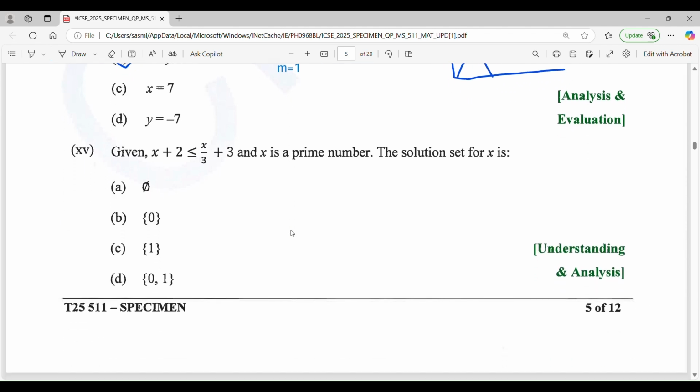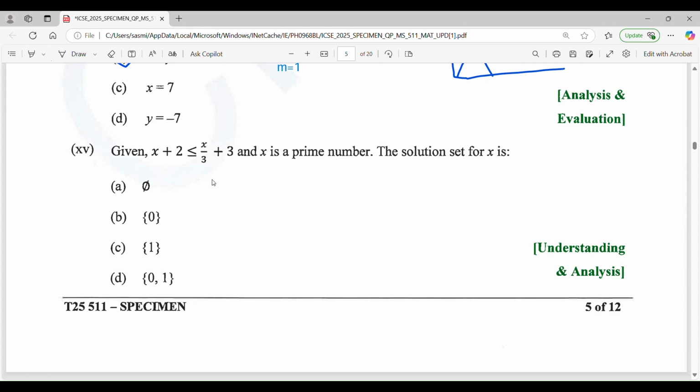Given x plus 2 less than or equal to x by 3 plus 3, and x is a prime number, find the solution set for x. Take x by 3 to the left side: x minus x by 3 is less than or equal to 3 minus 2.